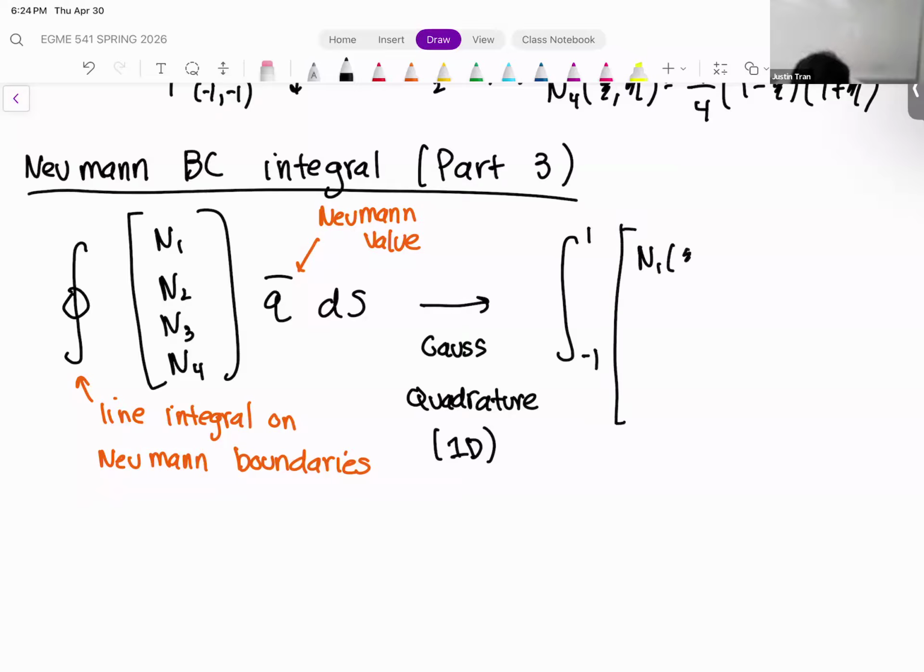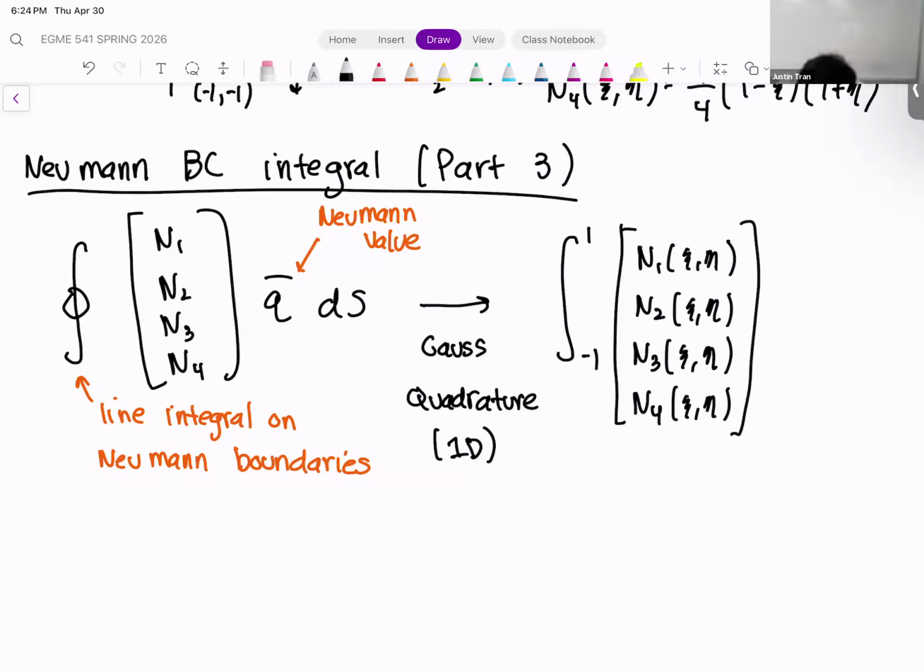So this is going to convert to the integral from -1 to 1 of our four shape functions in the isoparametric domain, N1(epsilon, eta), N2(epsilon, eta), N3(epsilon, eta), and N4(epsilon, eta), times Q bar. We need our conversion factor, which in this case is just the one-dimensional Jacobian, and in 1D that is quite simple.